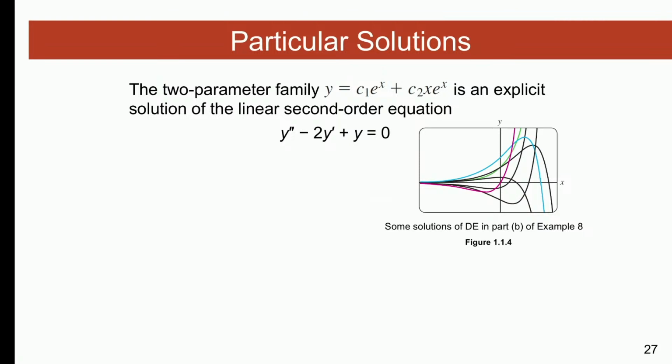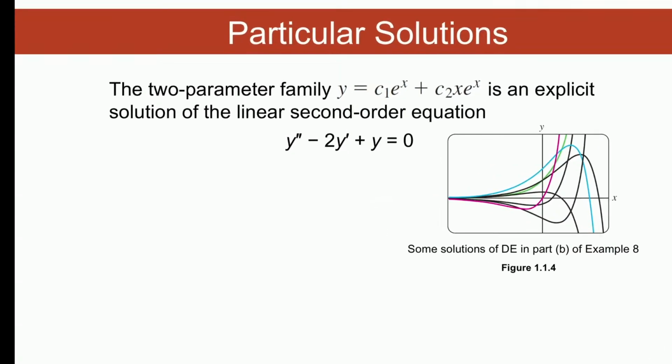Now, before we go on, let's verify that this family of solutions is the correct family of solutions for this differential equation. To do that, I'm going to need to do what I just did, but with the C's, C1 and C2, which is annoying, but I think we can overcome this. We can do this. So I need to do the derivative and the second derivative of this function right here.